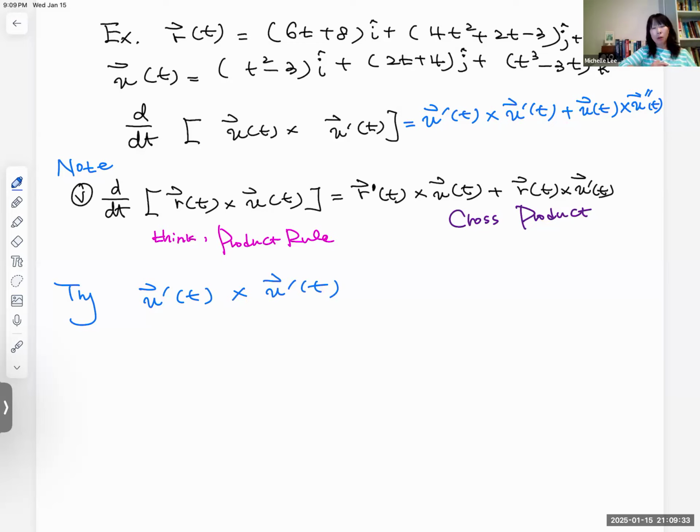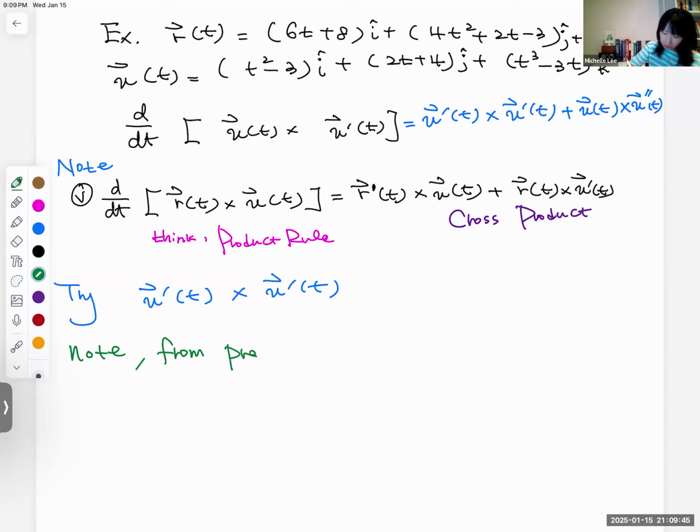But from previously, we have i hat cross product with i hat equal to 0, j hat cross product with j hat equal to 0, k hat cross product with k hat equal to 0.